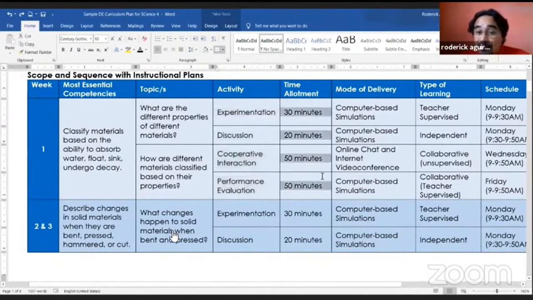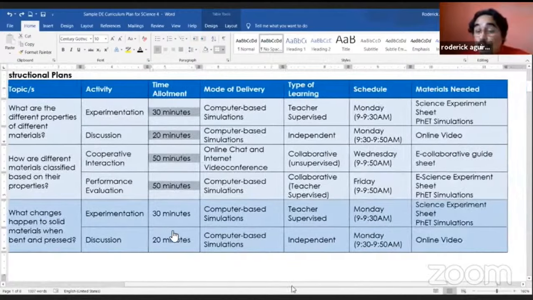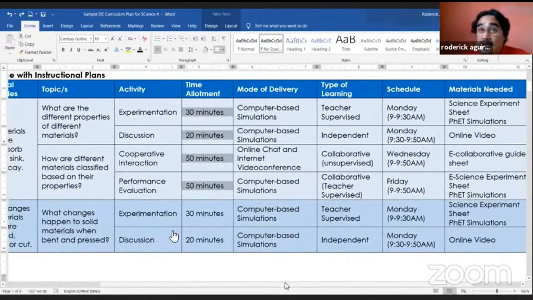So may time allotment po tayo para alam ng bata ilang minuto, especially for those who are doing asynchronous approach to delivery of learning the material. So 30 minutes, nakalagay po doon ay mode of delivery: computer-based simulations, teacher supervised, Monday 9 to 9:30.